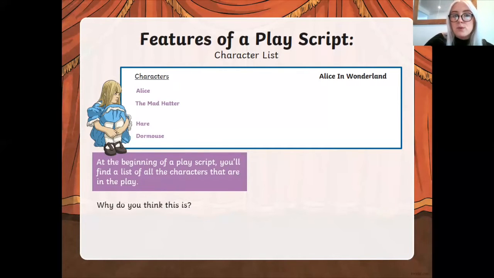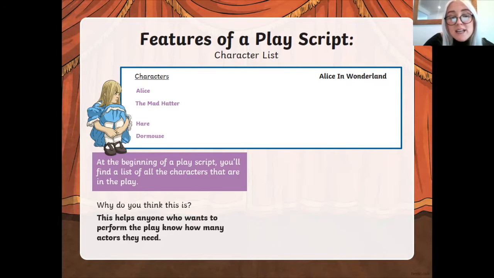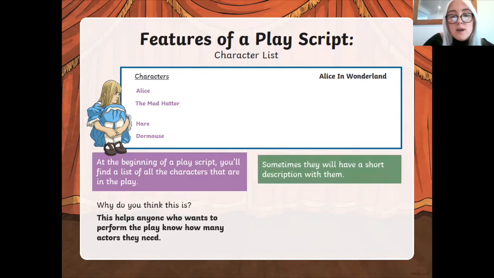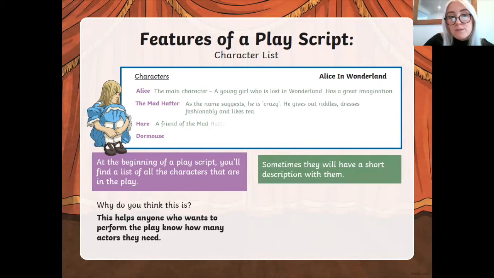So for example, if we're looking at the Alice in Wonderland play script, they will list all the characters that are in the play. And this helps anyone who wants to perform the play know how many actors they need. Sometimes they will have a short description with them too, to explain, maybe their personality or what they should be doing.